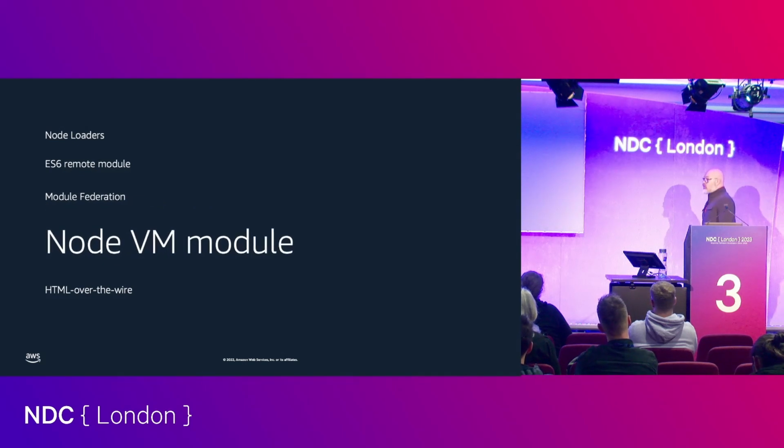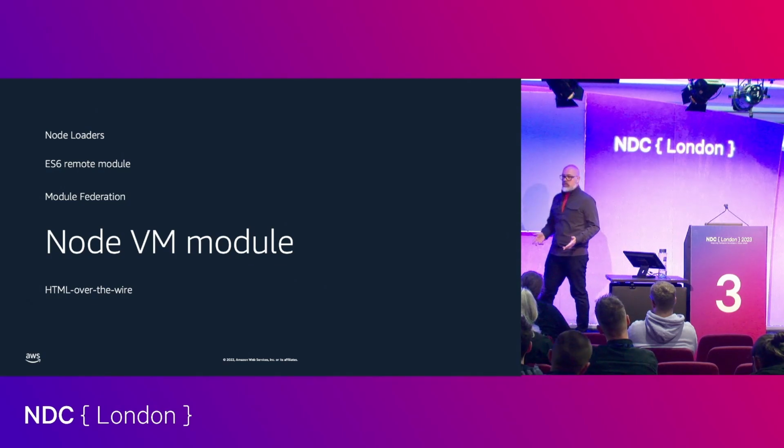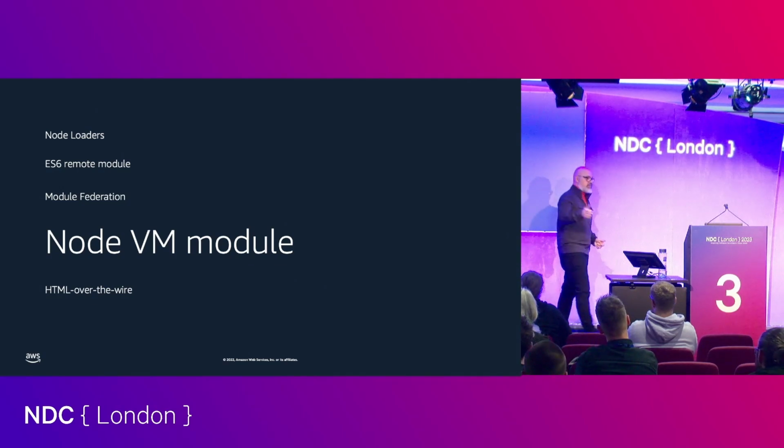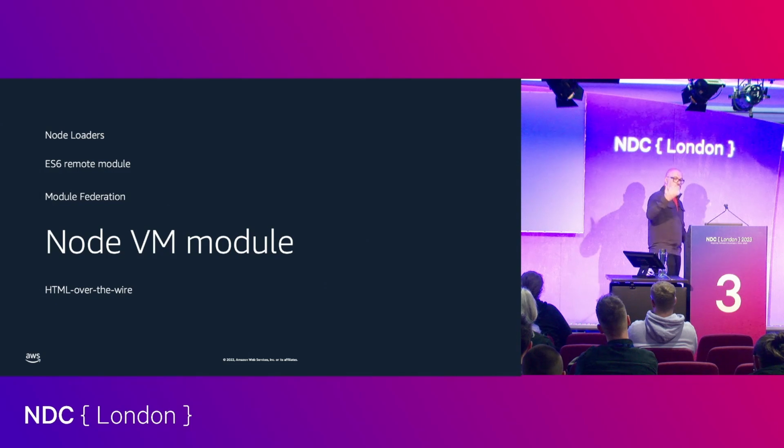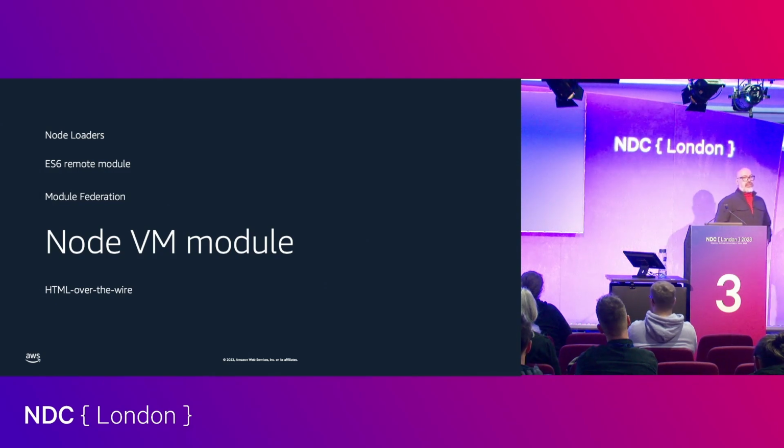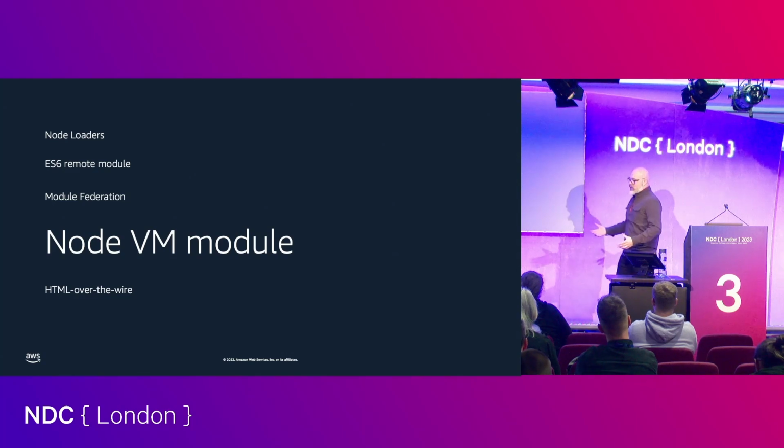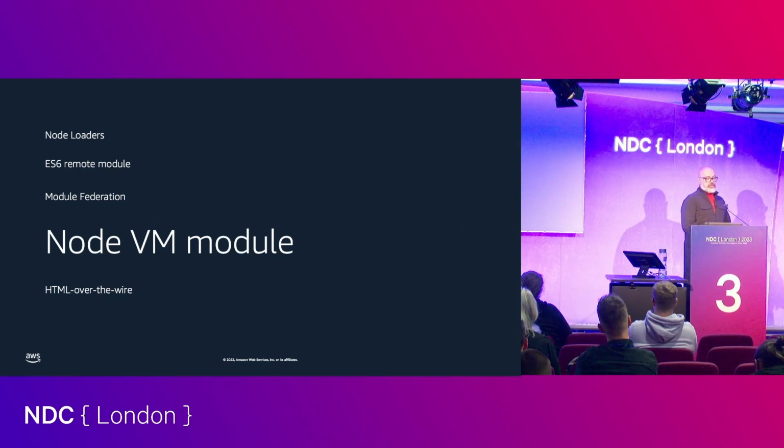Then we have Node VM modules, which is built in and has been available for Node for a while. You can basically say, I have an external JavaScript and I want to treat it as JavaScript that is written inside the same application. That opens up some security concerns, and I have some customers that unfortunately are very nervous when we talk about security, especially when stuff can be loaded externally into my system.